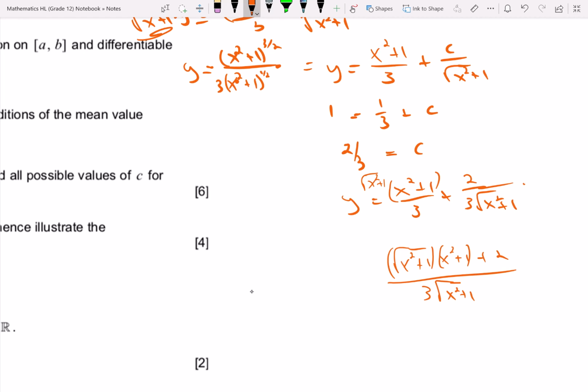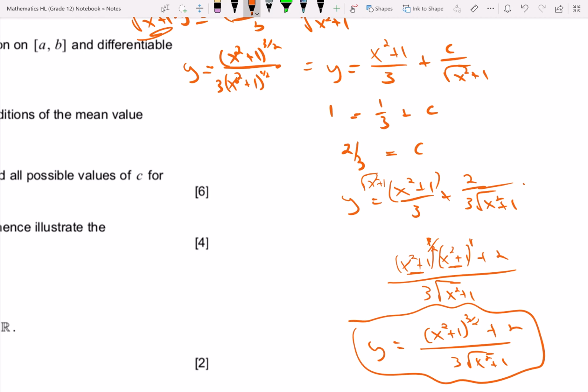And then I could mess around with this too, and this could become to the 1/2 because it's square root, and this is to the 1. They have the same base, so it could be x squared plus 1 to the 3/2 plus 2 over 3 square root of x squared plus 1. I think this is the answer that the mark scheme gives, so I just want to show you how you could get to that.